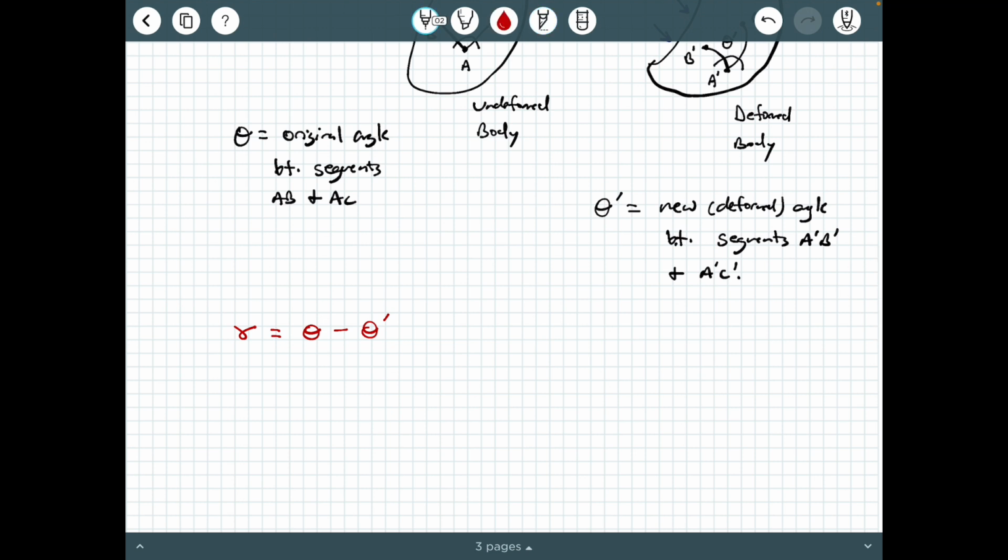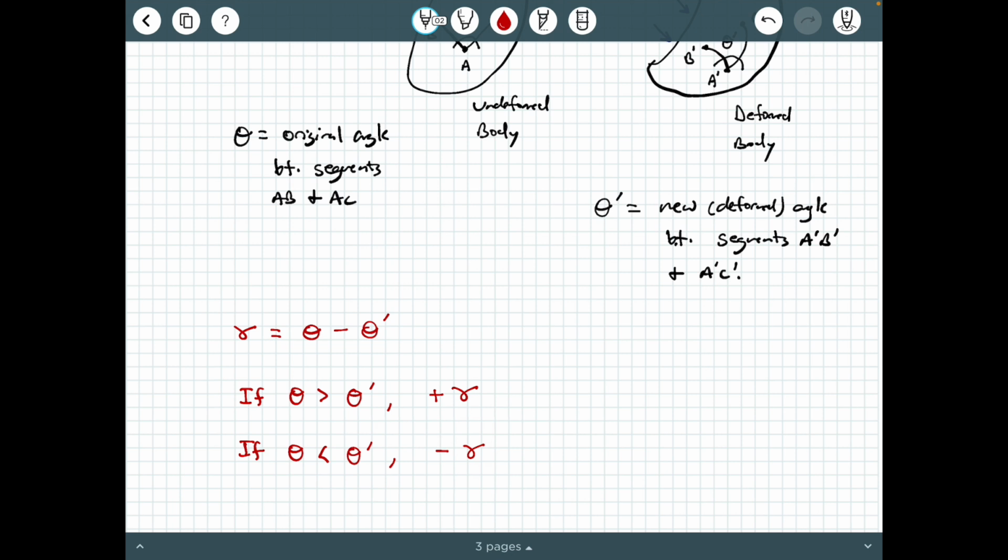So what does this mean for us? If theta is bigger than theta prime, then we're going to have a positive shear strain. If theta is smaller than theta prime, we're going to have a negative shear strain.